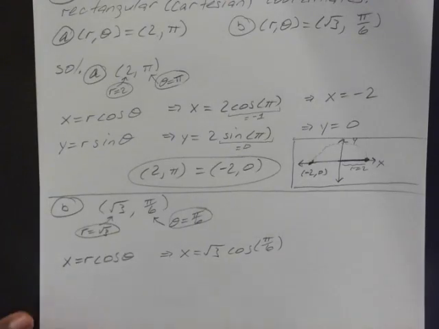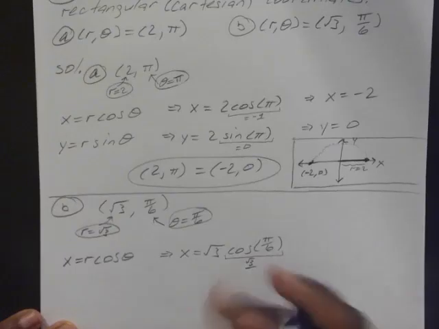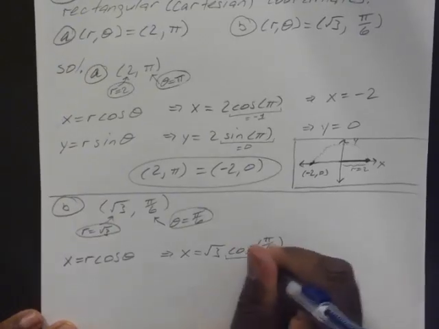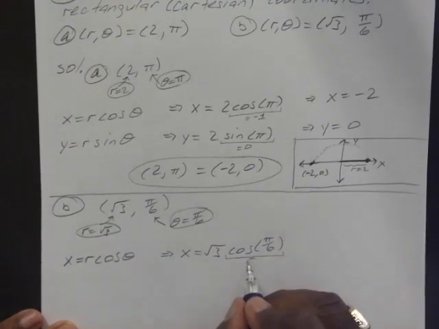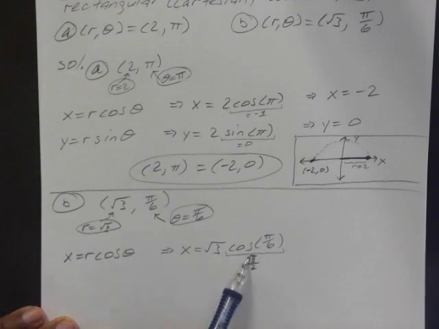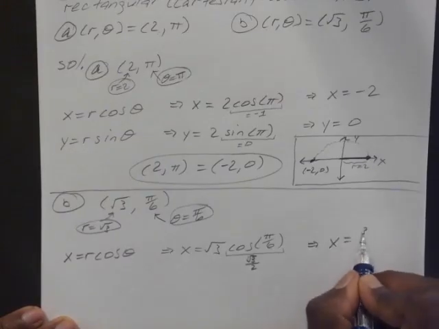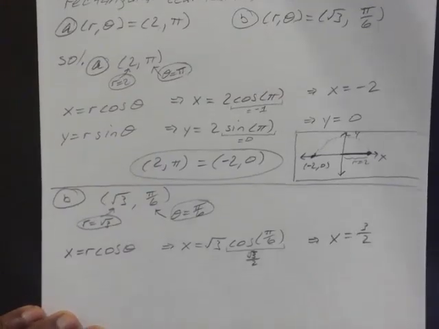Well, cosine of pi over 6, we know that is square root of 3 over 2. So square root of 3 times square root of 3 is just 3. That means that x is equal to 3 over 2.